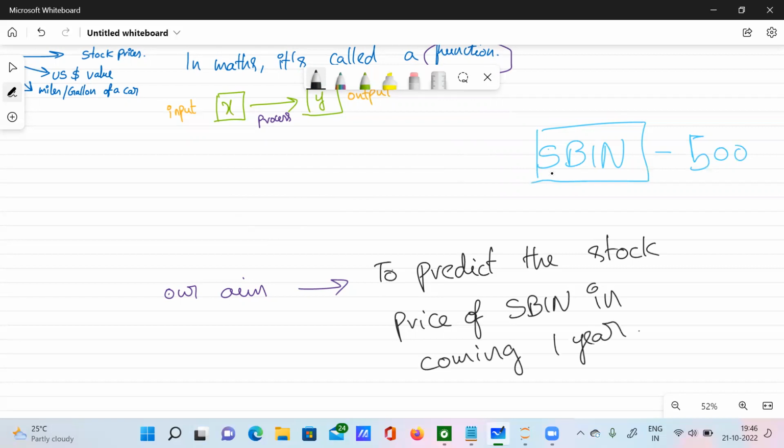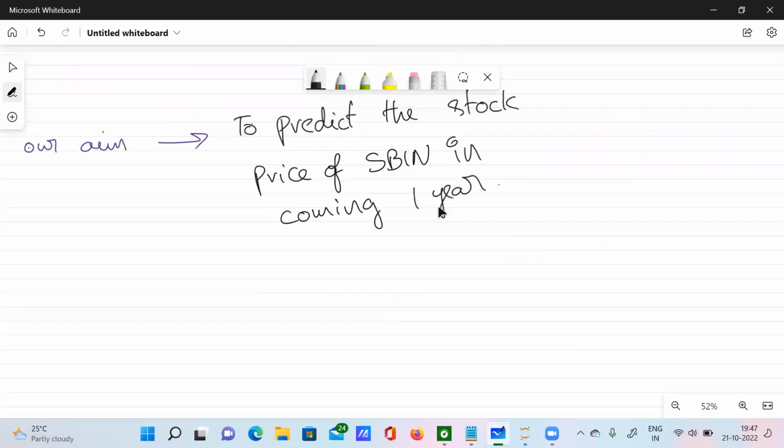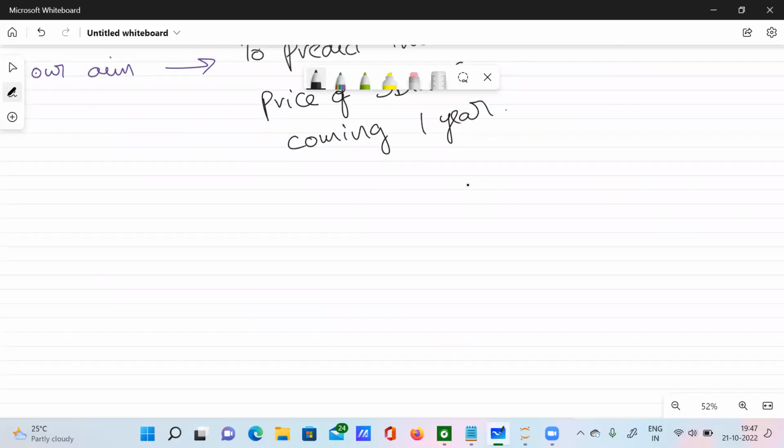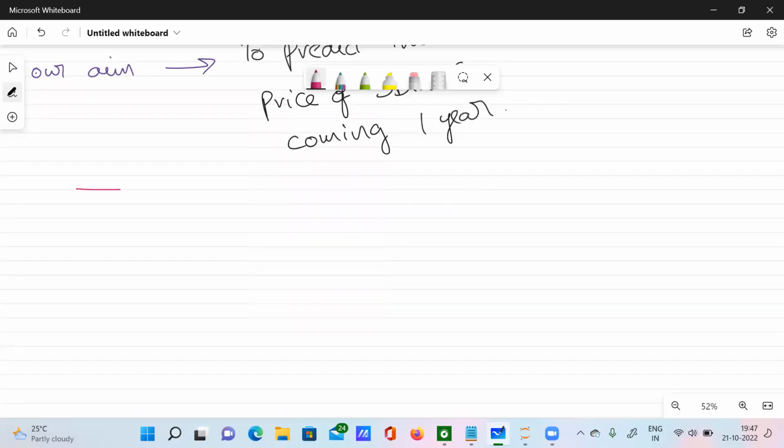So for that, if we want to predict this particular SBIN stock price in the coming years, we are given some kind of data.